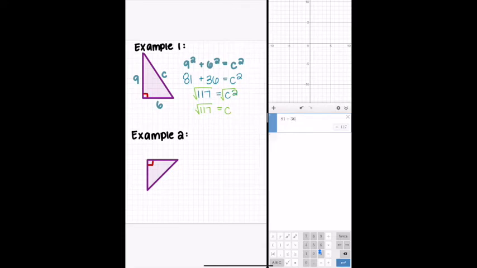They cancel each other out, and you're just left with the c. If we wanted to approximate that, the square root of 117 is about 10.8. Not exactly, but it's close. Those little squiggle lines mean approximately.